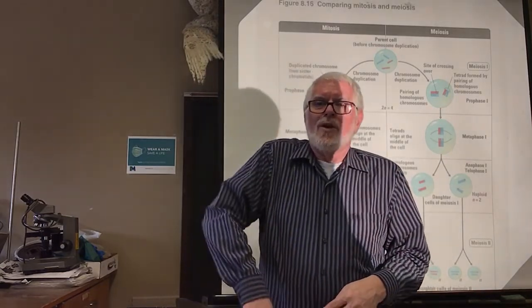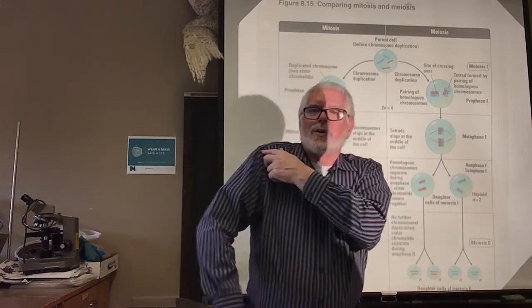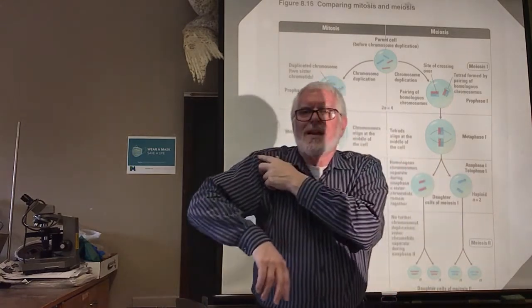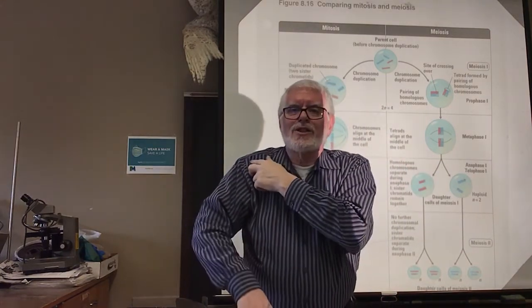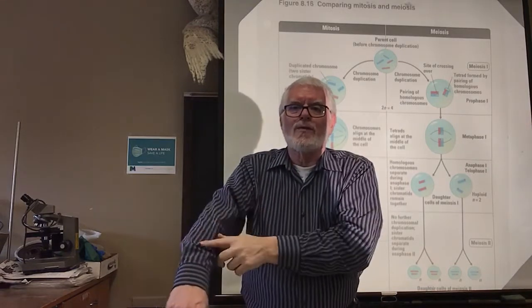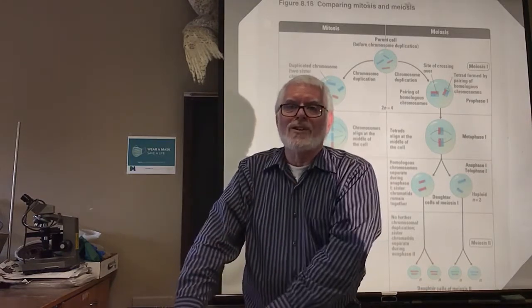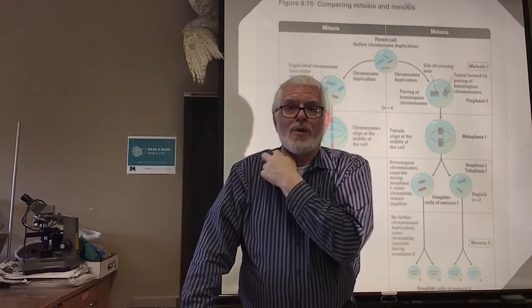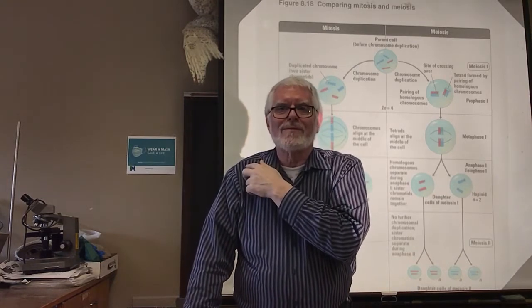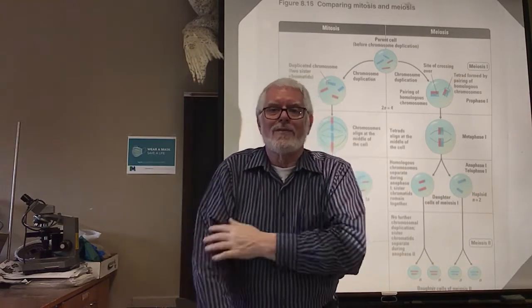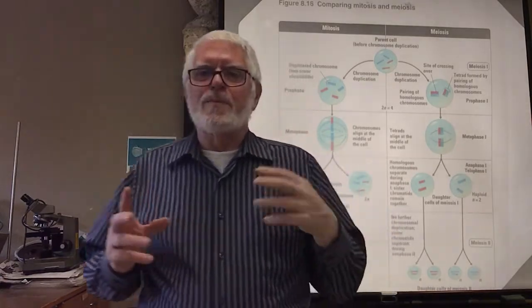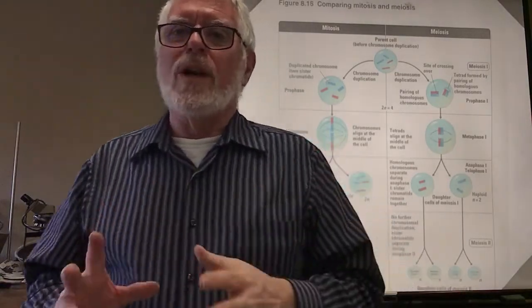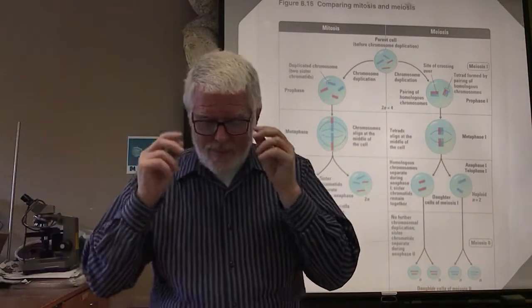If you bumped your elbow against their shoulder, boom, then their shoulder has your forearm and your forearm has their upper arm and their forearm, but you also have your upper arm, right? Because you only bumped your elbow, you still have your upper arm. This movement of one chromosome to another is crossing over.